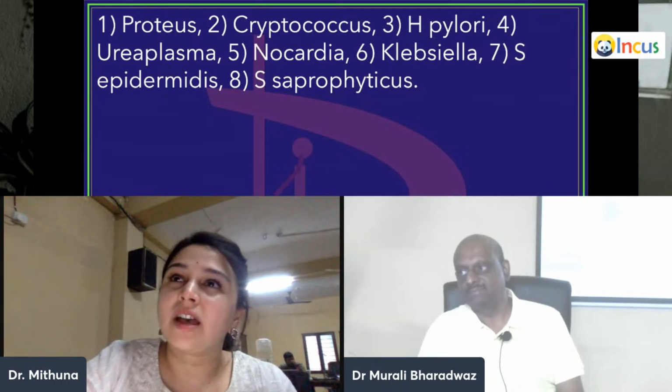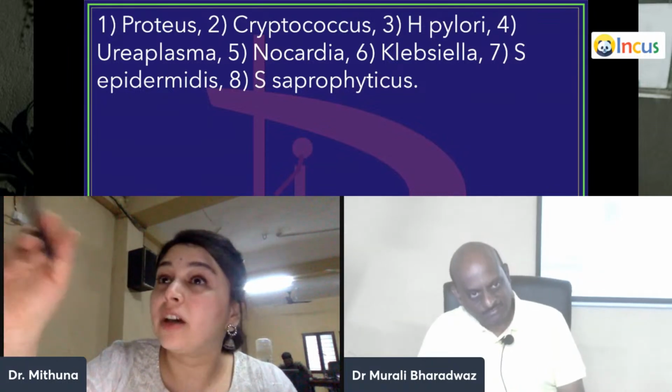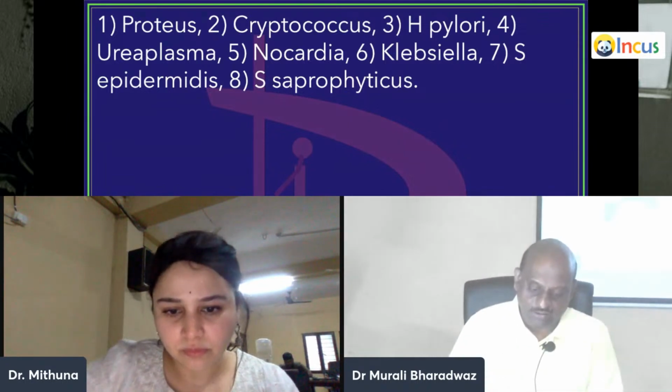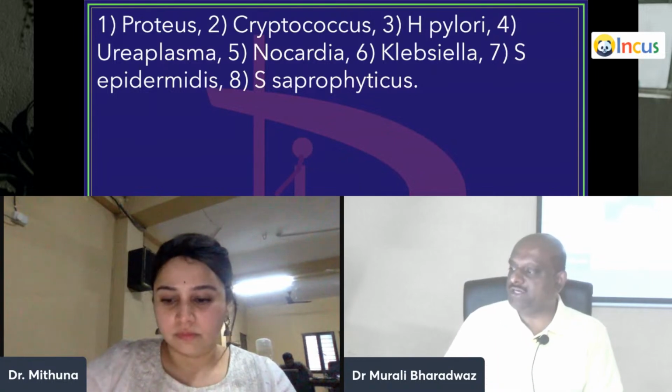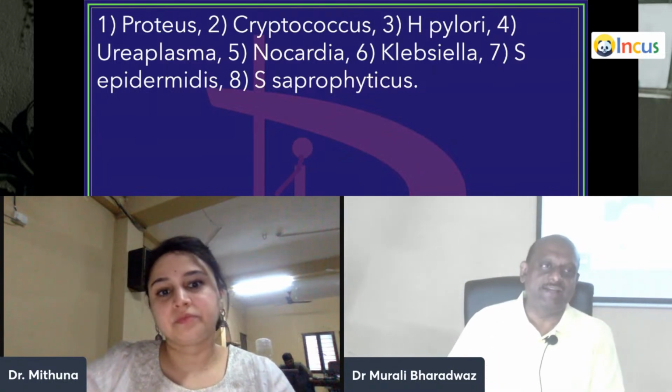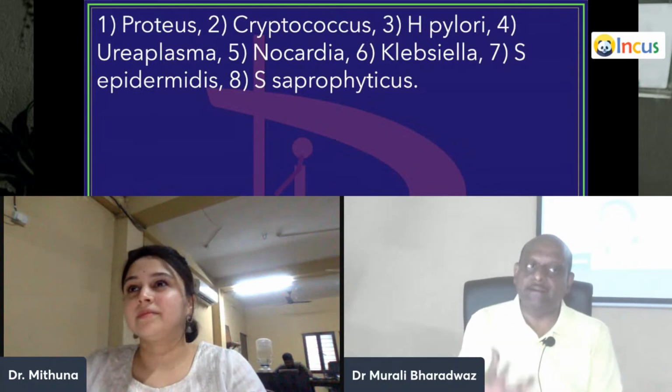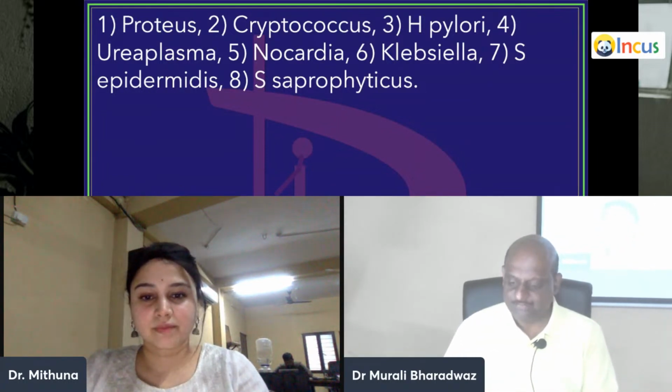The last two S are Staph epidermidis and Staph saprophyticus. So once more, when they ask the question in INICET, you need to remember this by heart and reproduce it in the exam, doctor.